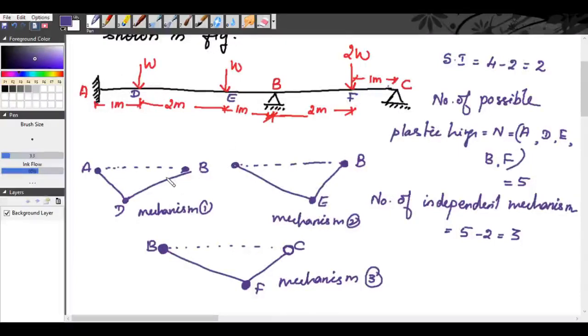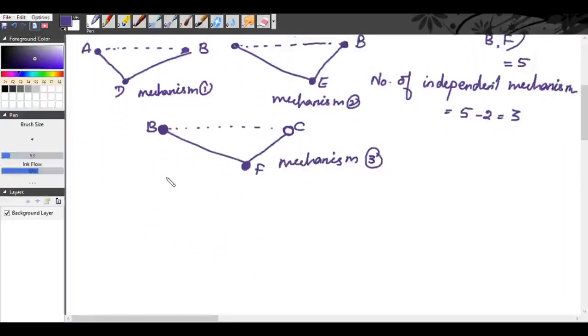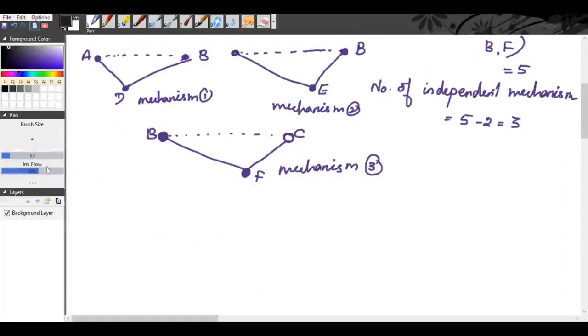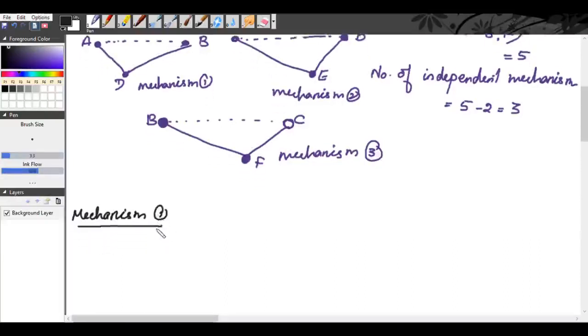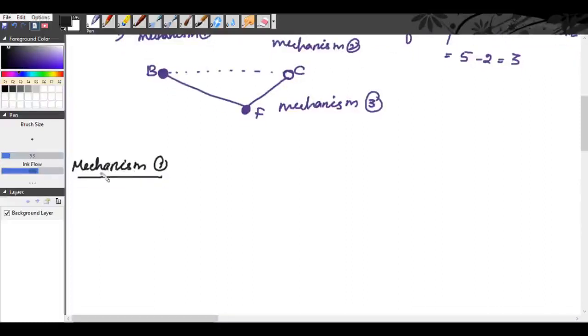Now we will take each individual mechanism. First of all, we will consider mechanism 1. When we consider mechanism 1, we have the span AB, and in the span AB, at A you have a plastic hinge and at B we have a plastic hinge.